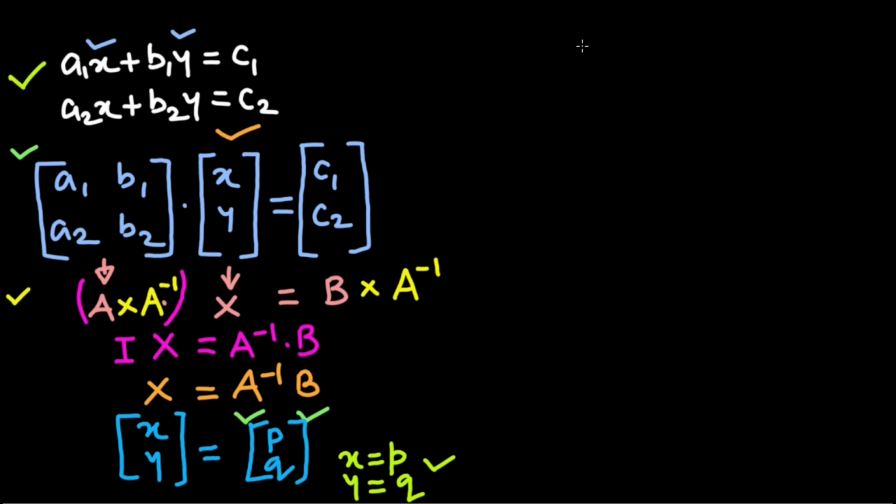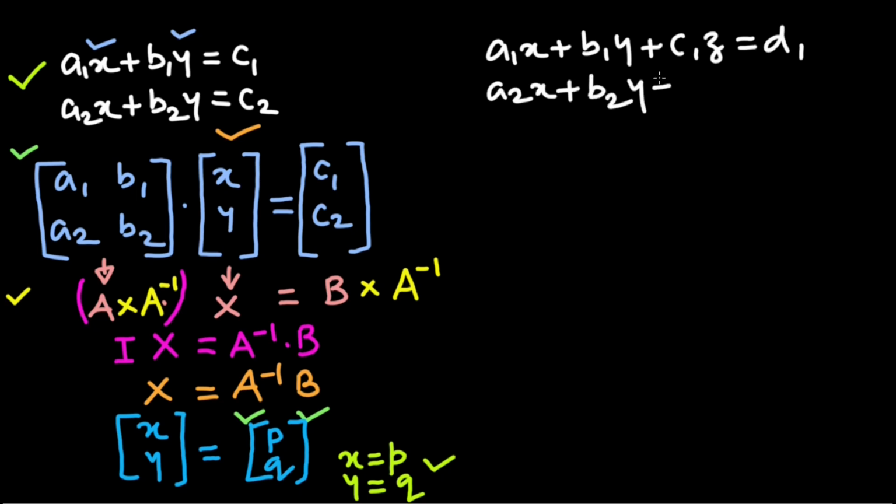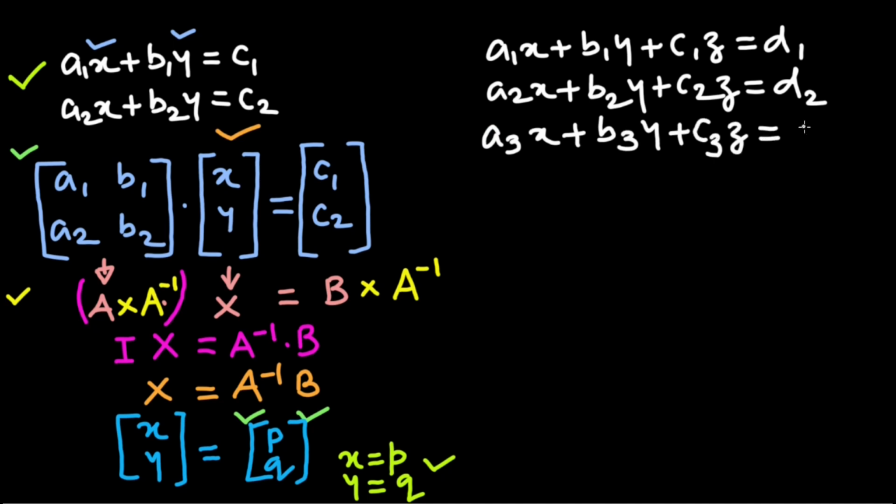Similarly, suppose we have three linear equations in three variables: a1x plus b1y plus c1z equals d1, a2x plus b2y plus c2z equals d2, and a3x plus b3y plus c3z equals d3.